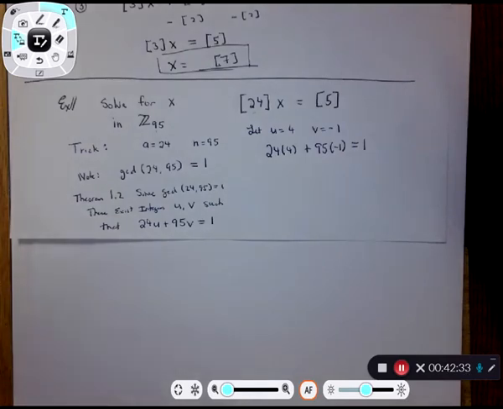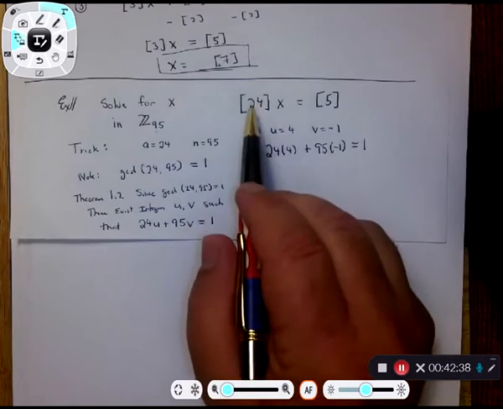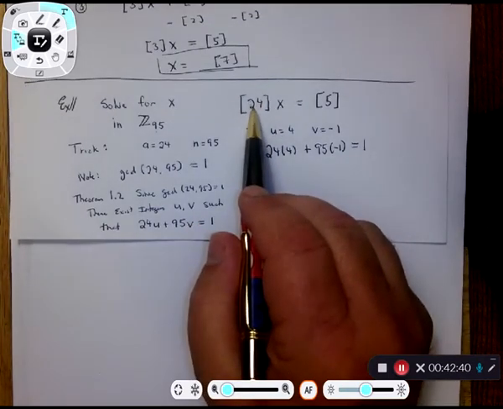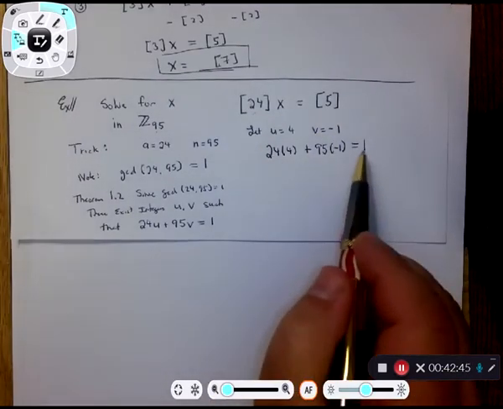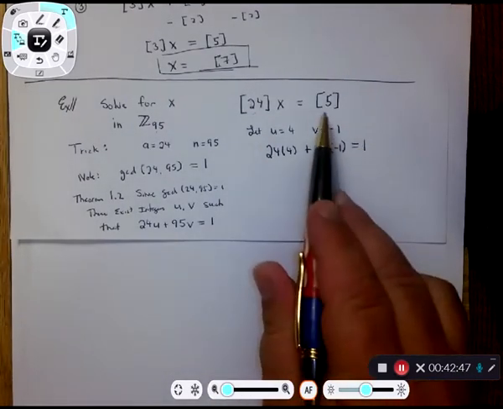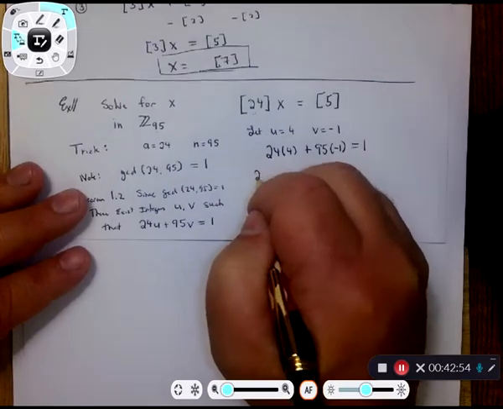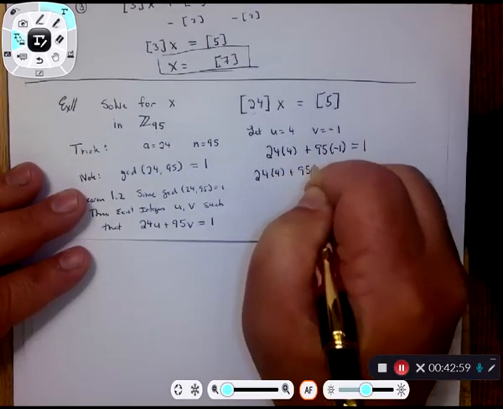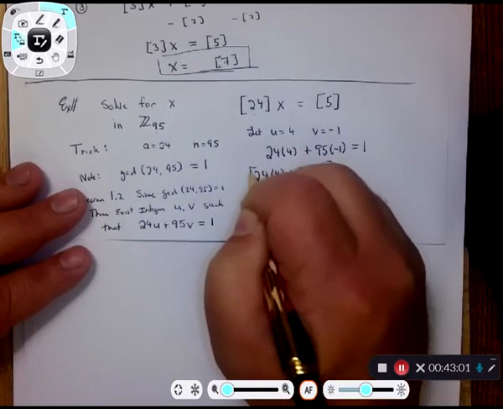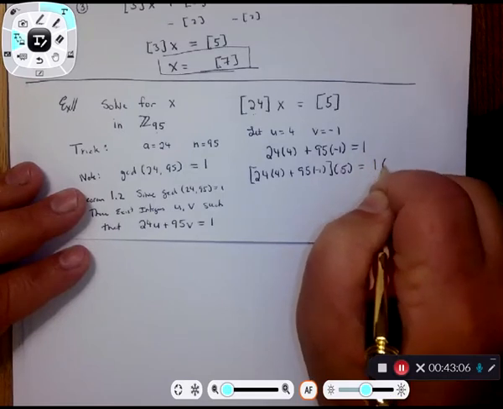Here comes the trick. Remember the question: I want to know what I need to multiply by 24 to get 5 in Z mod 95. Use this equation, but you don't want it to be equal to 1, you want it equal to 5. So multiply by 5 on both sides. You get 24 times 4 plus 95 times -1, that whole thing multiplied by 5, is equal to 1 times 5.